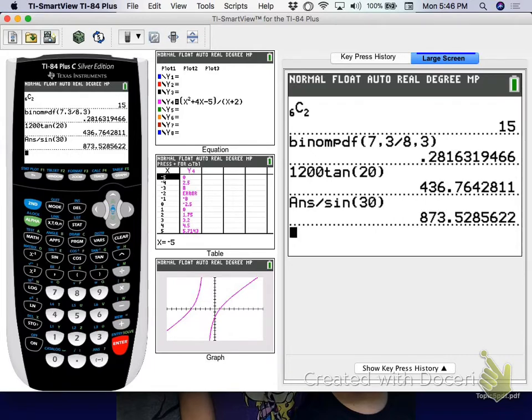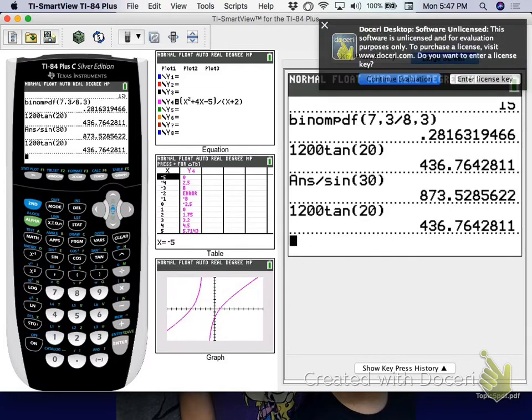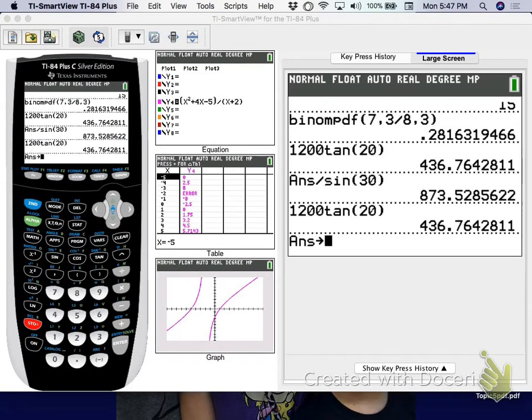Now, another option that we can do with this 1200 tangent of 20, okay, hit enter. So what if you need to do a couple other things and then you want to come back to that number? So one thing that you can do is you can store. So right here I can hit this store button, and when I do that, notice the word answer pops up, so it's going to store the number that I just did.